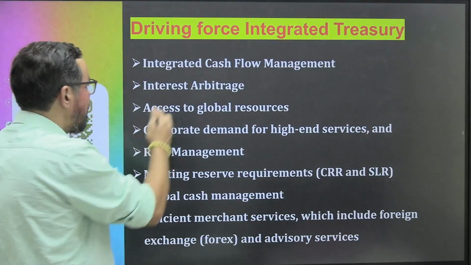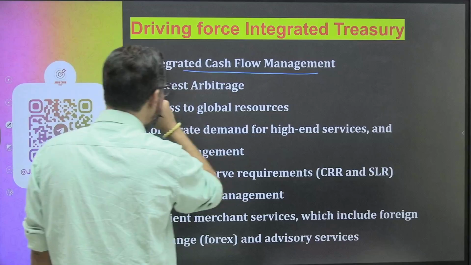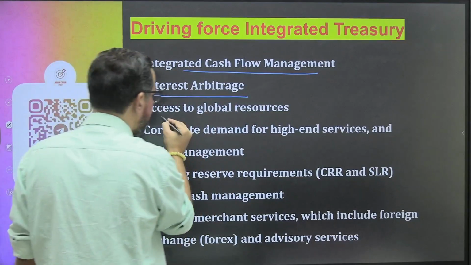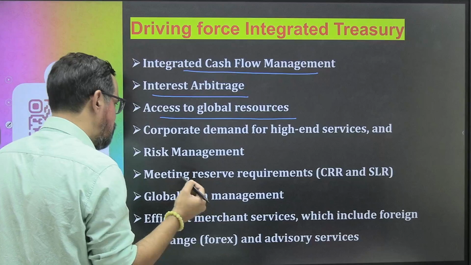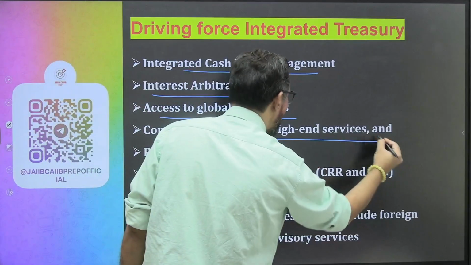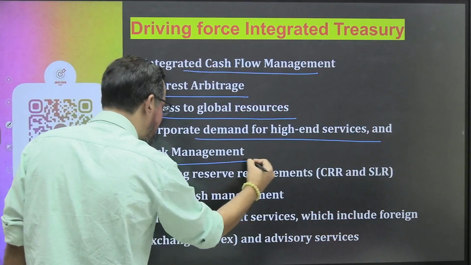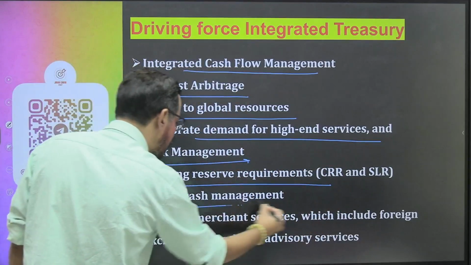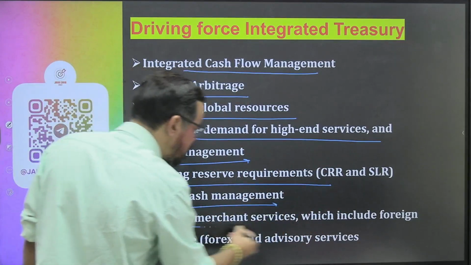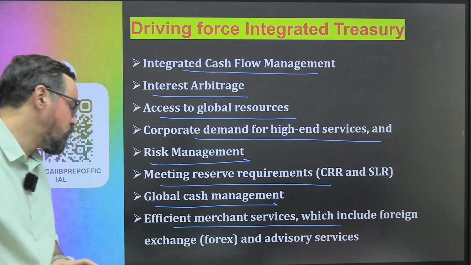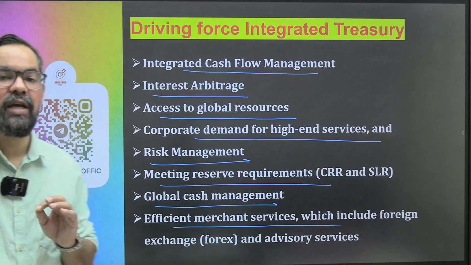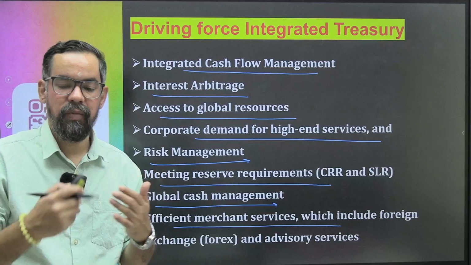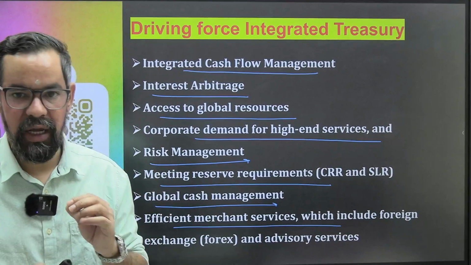First one is integrated cash flow management, taking advantage of interest arbitrage, access to global resources, corporate demand for high-end services, risk management, meeting reserve requirements, CRR, SLR, global cash management, efficient merchant services which include foreign exchange and advisory services. ठीक है, तो ये आपको थोड़ा सा हेल्प करेंगे while you revise the entire unit as well, right?